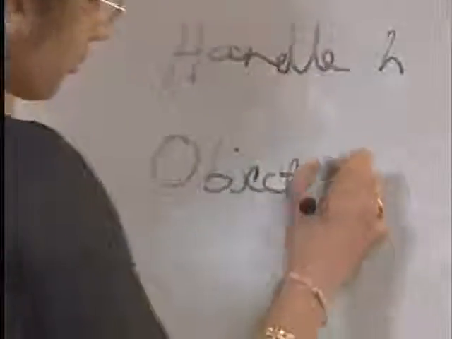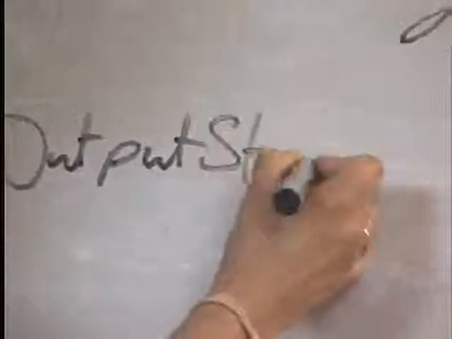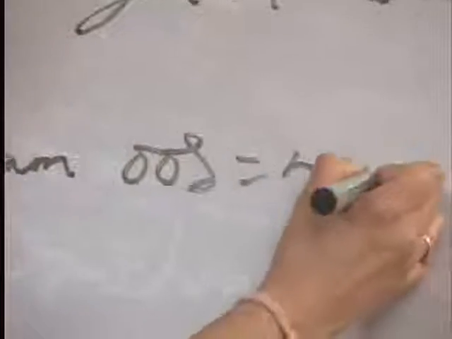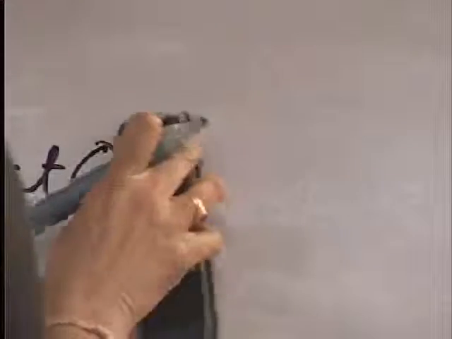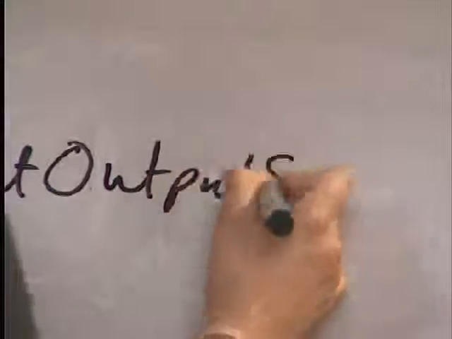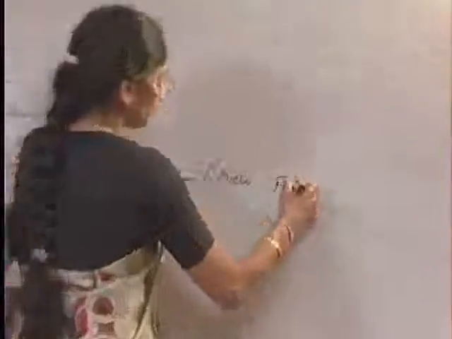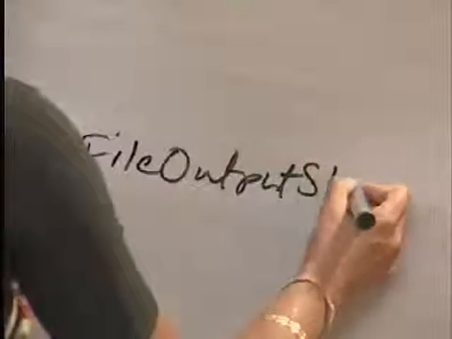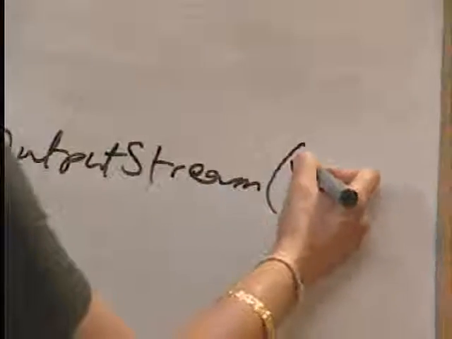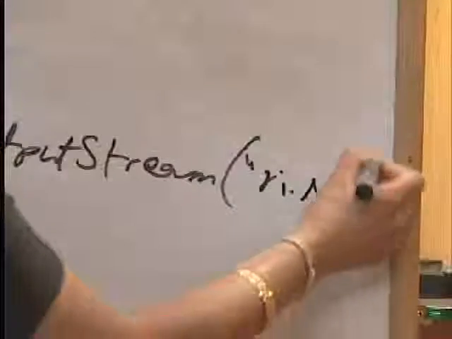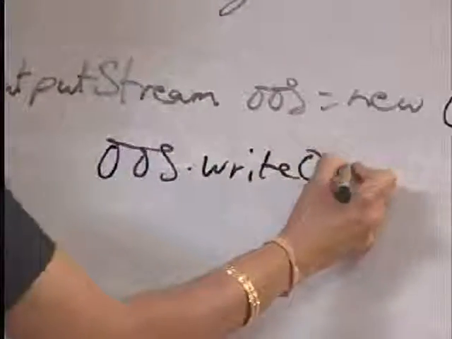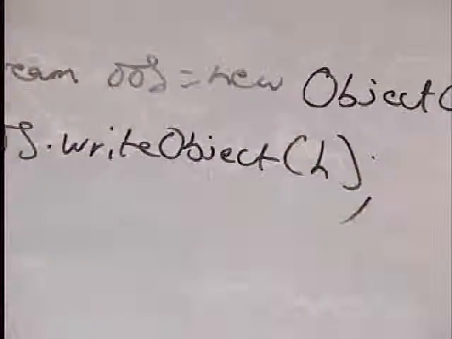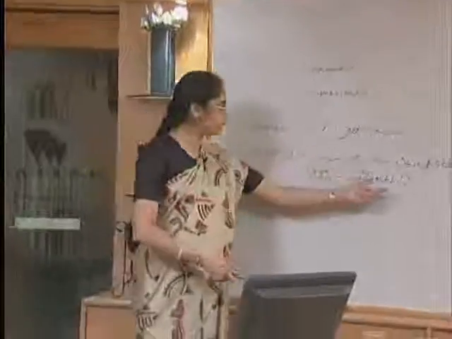You take your object output stream, and if you want to store it into a file, you pass the file output stream, passing the file name, and then store the object: os.writeObject(h).